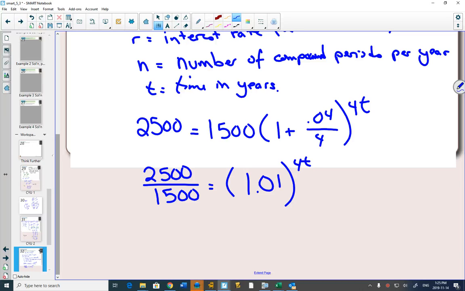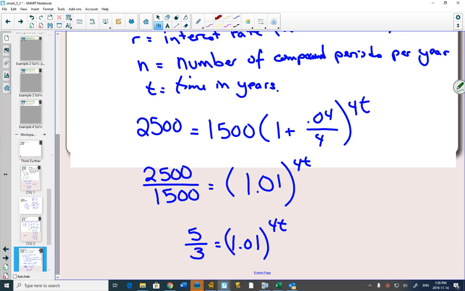Was that in our powers chart anywhere? No. Okay? This side, I could simplify this side. The 2,500 over 1,500 is 25 over 15. So those numbers are not on our powers chart.